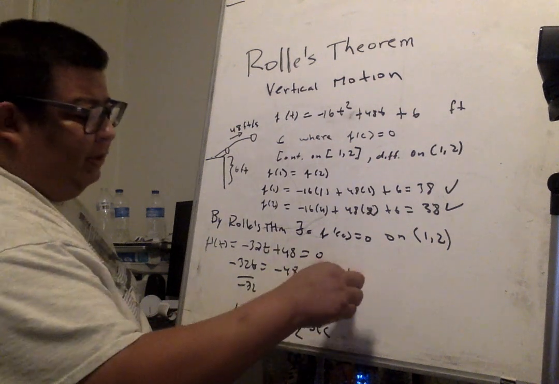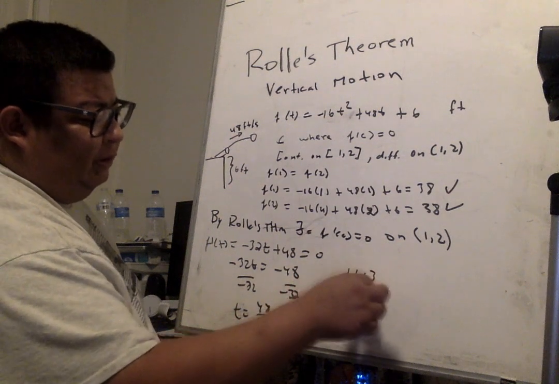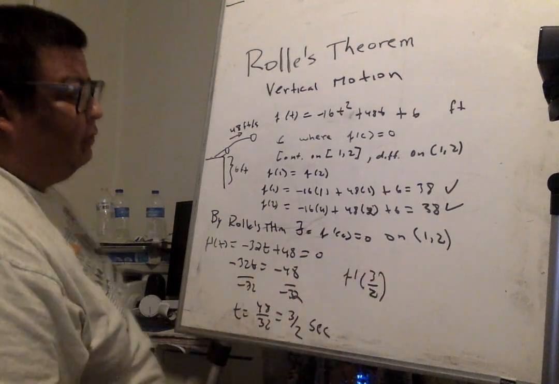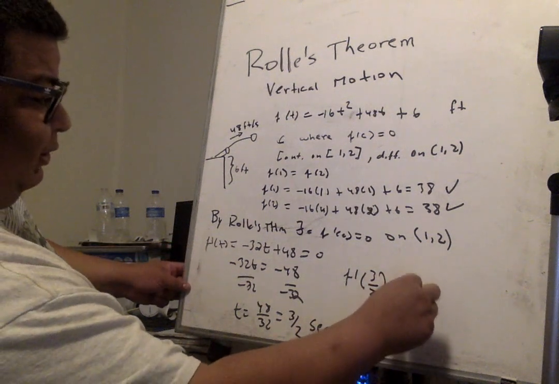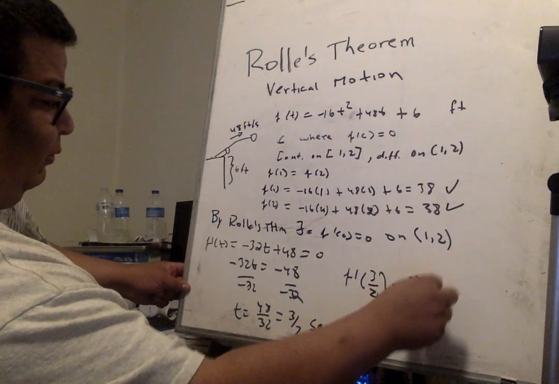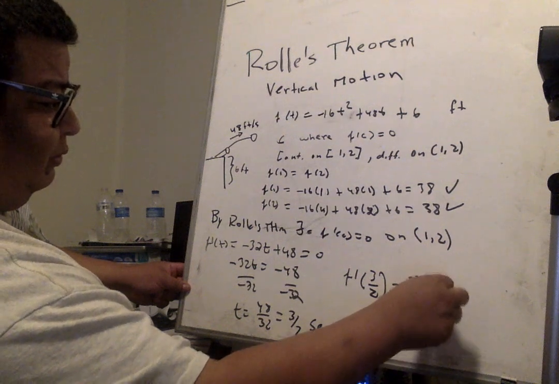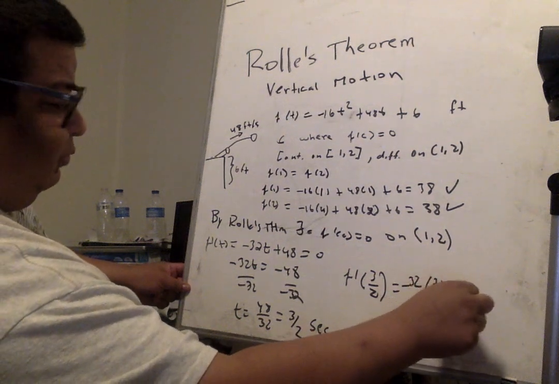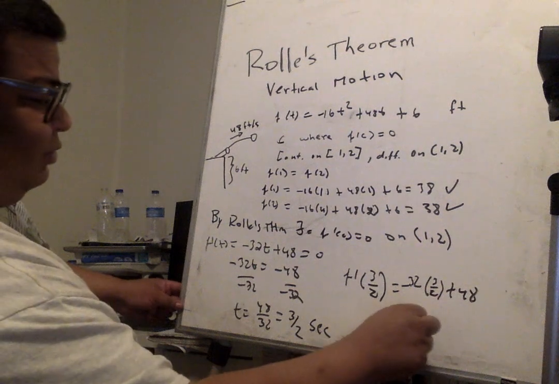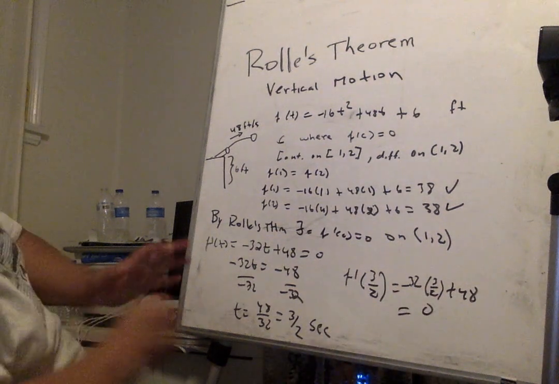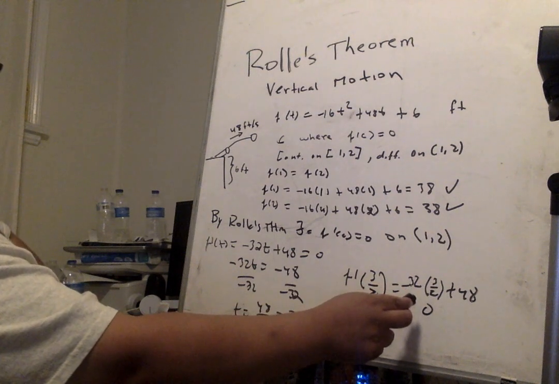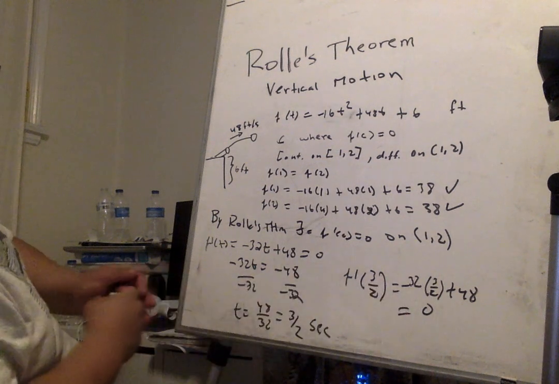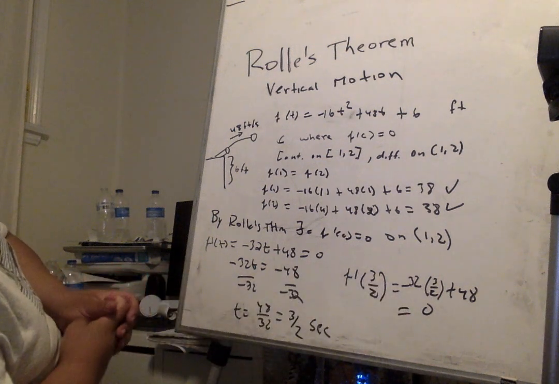So if you plug in 3 over 2 onto here, that would be negative 32 times 3 over 2 plus 48. That should give me 0. So let's see. 32 divided by 2, that's 16.